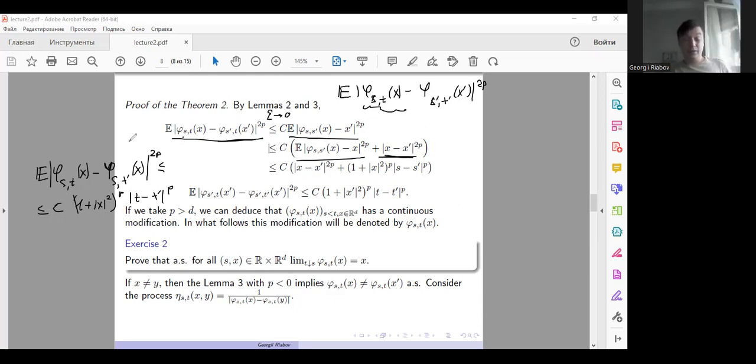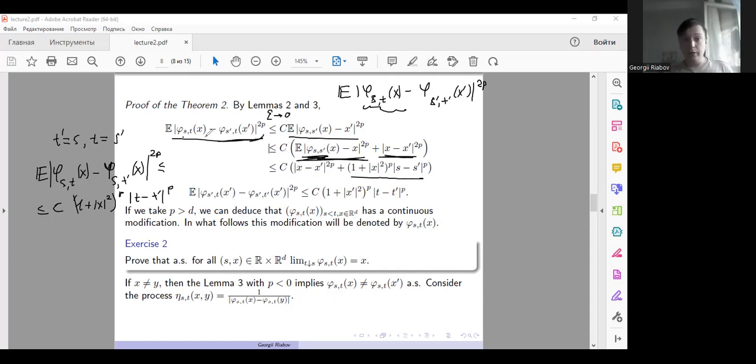And we apply this lemma with t equals to s and t prime equals to s prime. This gives us precisely the bound for this quantity, and the bound is 1 plus x squared to the power p, s minus s prime to the power p.